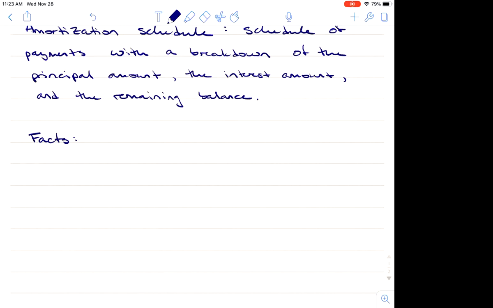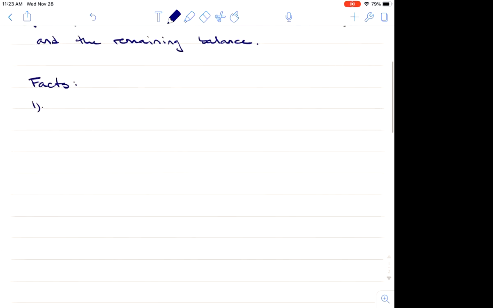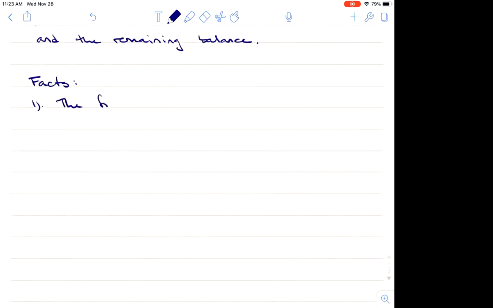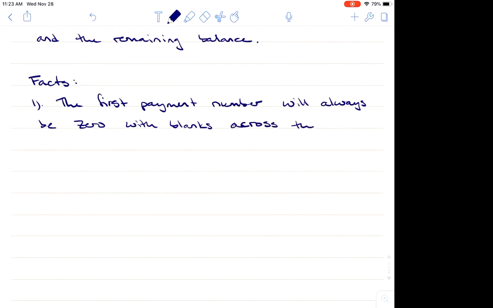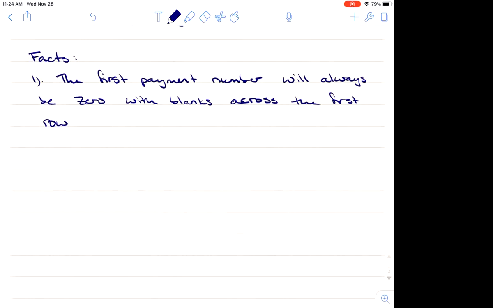Okay. So fact number 1: the first payment number will always be 0, with blanks across the first row, except the balance will be the face value of the loan.